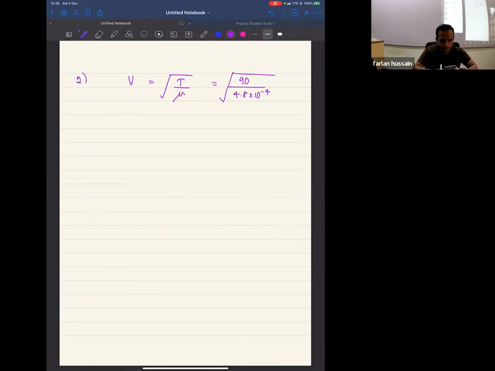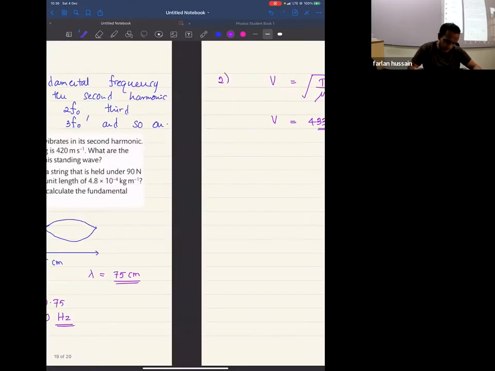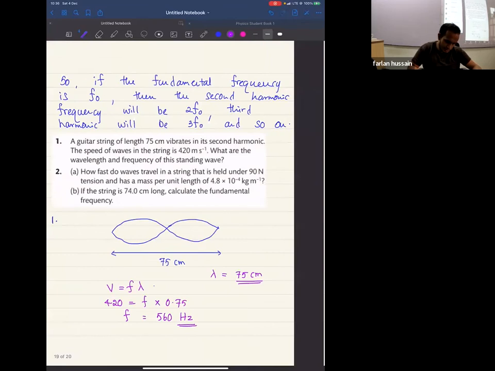How much is that? Is it 433 meters per second? Yes, 433.01, so 433.